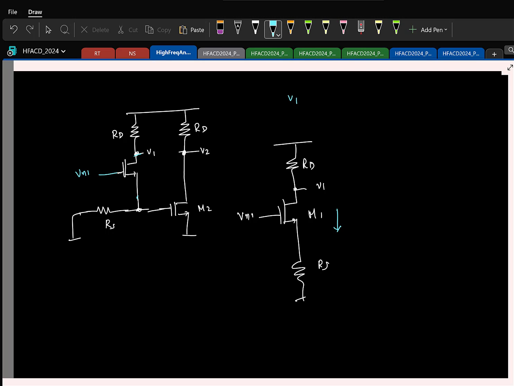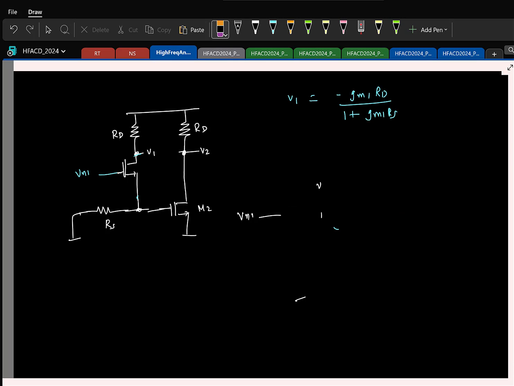Very approximately, but can it be more? Gm by 1 plus Gm Rs times Vn1. So what is V1? Minus of this current times Rd. So it's minus Gm1 Rd by 1 plus Gm1 Rs. Fine.